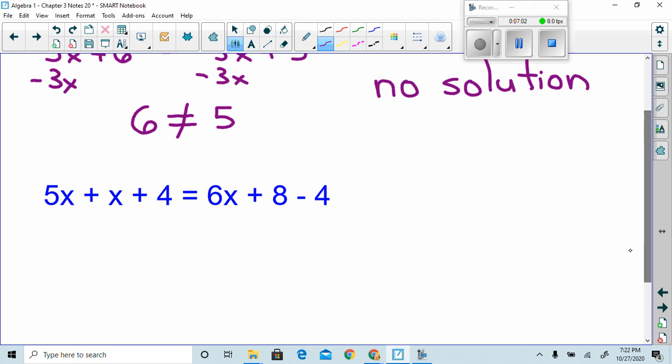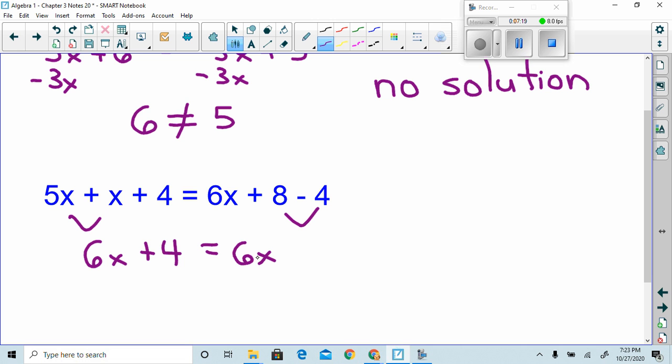Did you say we wanted to do one more? Let's try. 5x plus x gives me 6x. I now look at the other side and I see some like terms here as well. The constants are like terms, so let me collect those together, and we see that I have 8 minus 4 is 4.